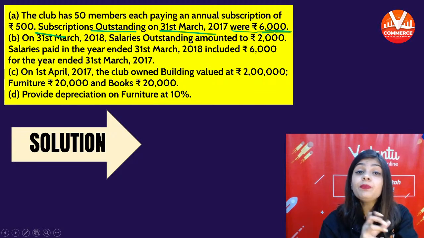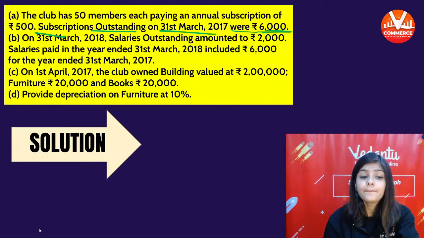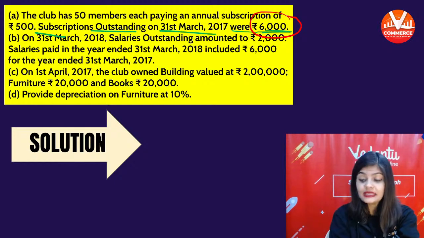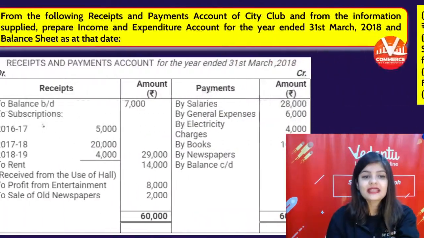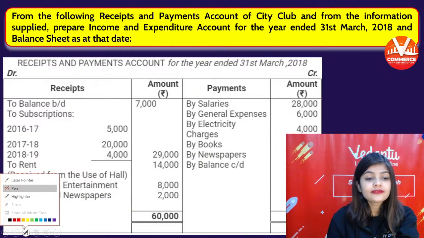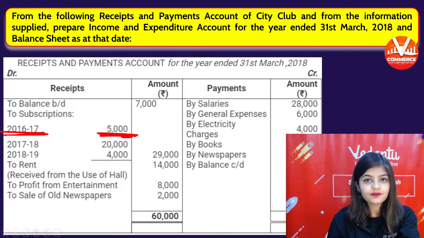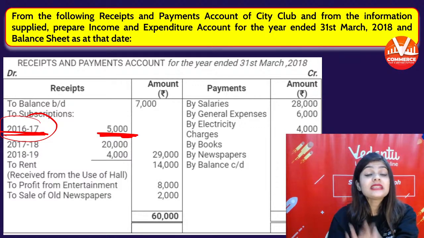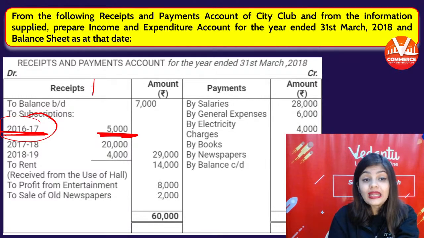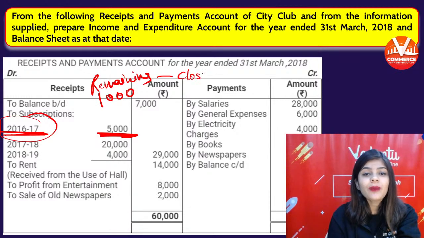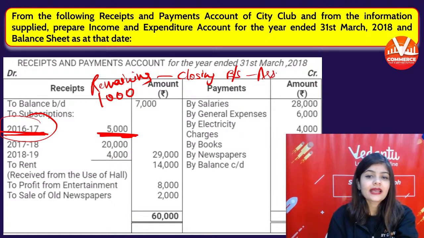Subscription outstanding for the previous year was 6,000, but out of this 6,000, we have received 5,000 for 2016-17. So the remaining 1,000 is still outstanding, which you will record in the closing balance sheet on the asset side.